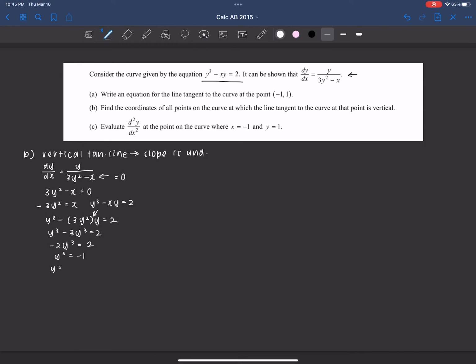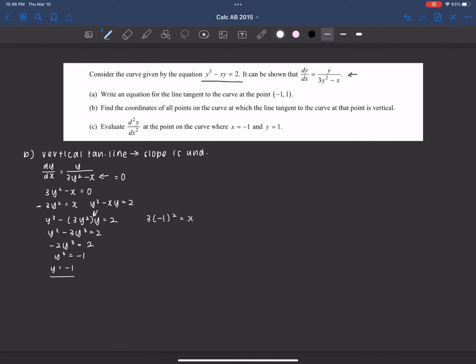So y is going to equal negative 1. And then we can substitute this value back into one of the equations to solve for the value of x. I'll just use the first equation because it's simpler. So I'm going to do 3 times (-1) squared equals x.